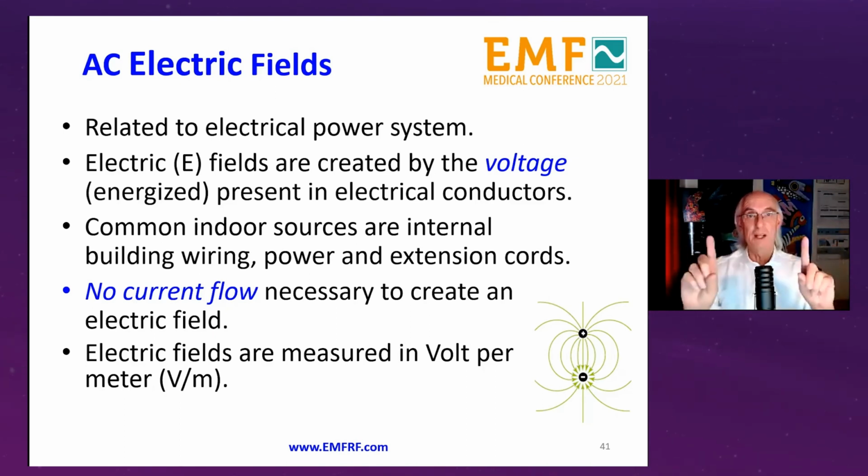What we still have is water pressure. That pressure is the same thing as the voltage in an electrical system. In the early days of Edison and Tesla, they actually called it electrical pressure. As long as something is energized, there's voltage present, and we have an electric field extending out from the wiring around it.